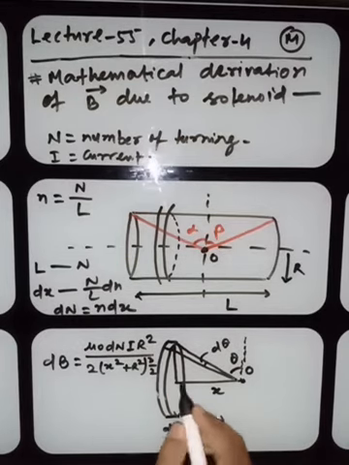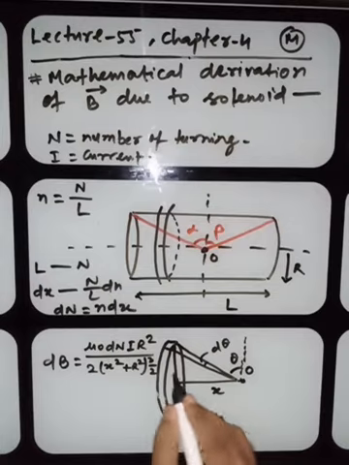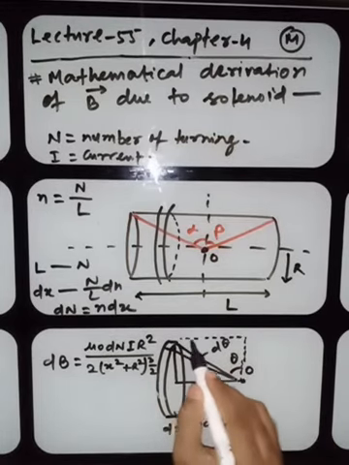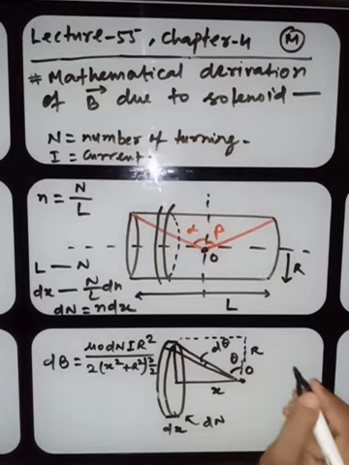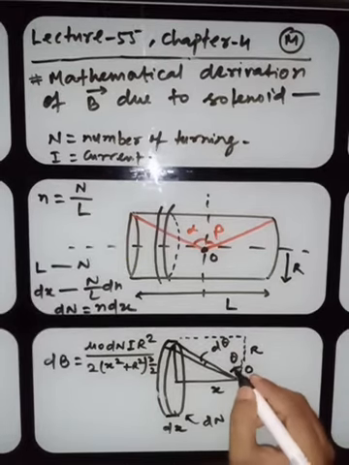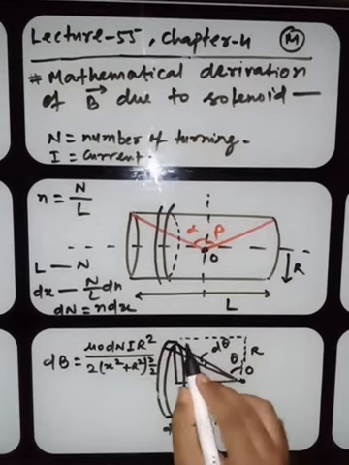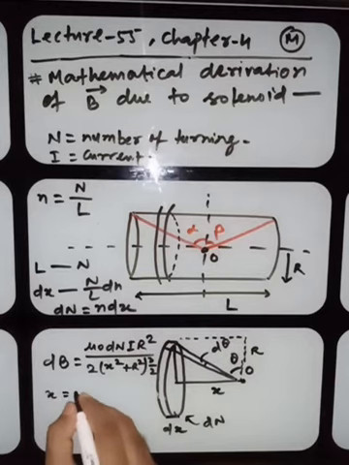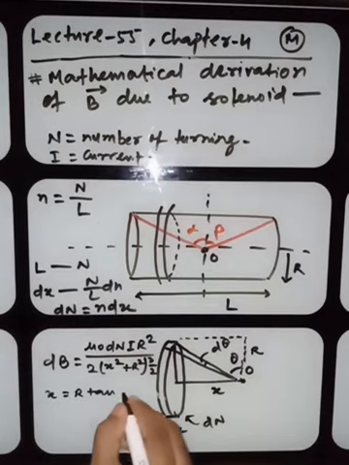Look carefully: if this is x and this is r, then tan theta equals x by r, and x can be written as r tan theta.